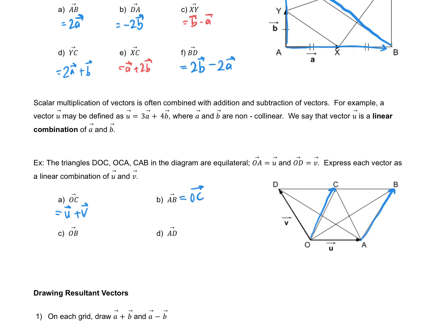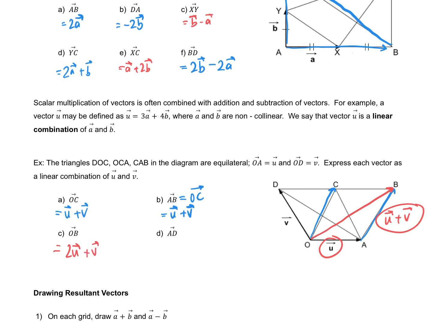They're the same magnitude, they're parallel, same direction, which means that AB must also be the sum of U and V. Next, we're going to look from O to B. Well, vector OB is the sum of vector U and vector AB, but we've already established that vector AB is U plus V. So I'm adding U with U plus V, that's 2 U's and 1 V.